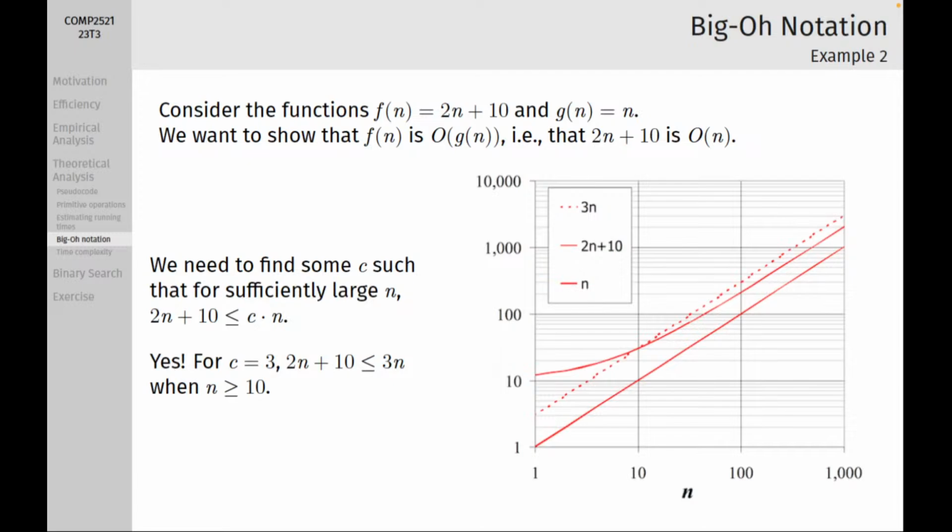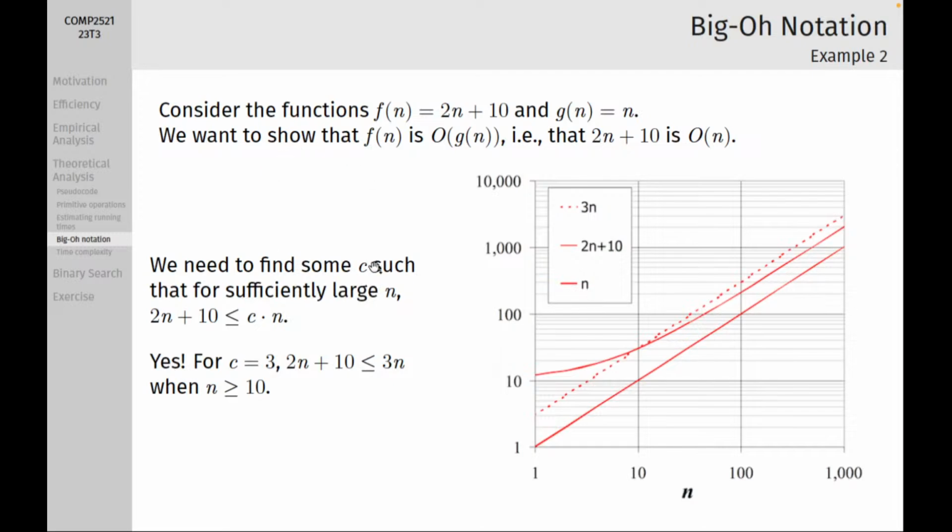So remember the definition of big O: f of n is big O of g of n if for sufficiently large n, f of n is bounded above by some multiple of g of n. So basically we have to find out what that multiple is, and what sufficiently large means.